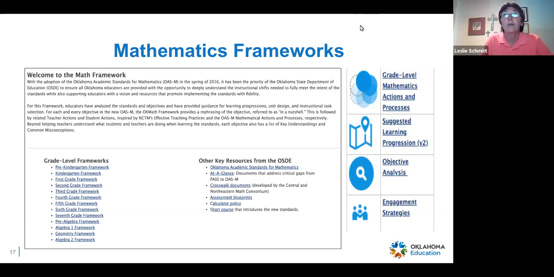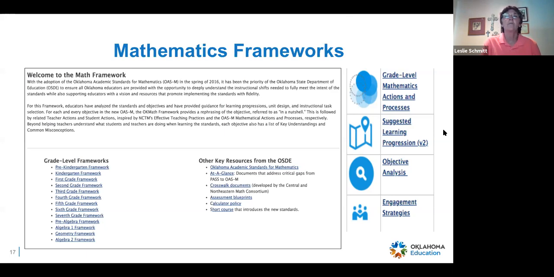The mathematics framework, again, is aligned in similar fashion to the ELA framework that Michelle just presented. There's a general opening page for mathematics, and then on the left, you'll see the grade level frameworks. Again, these are hyperlinks that you can click on directly, and they will take you to the grade level or subject area that you want to look at.